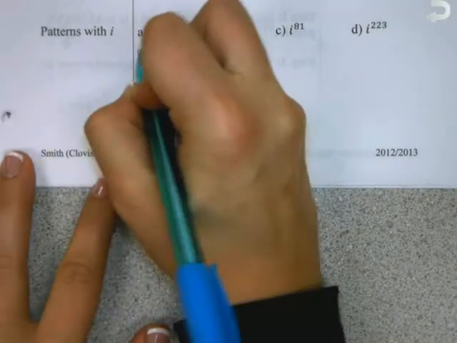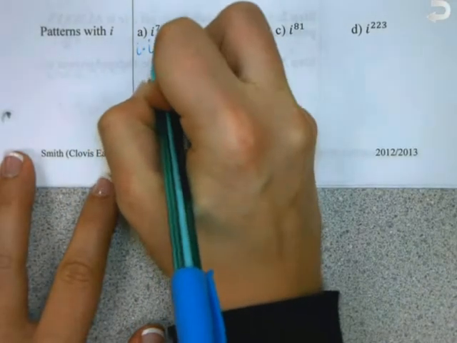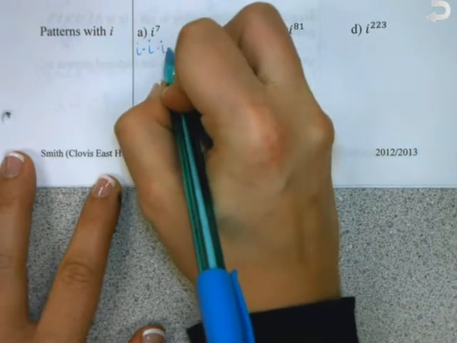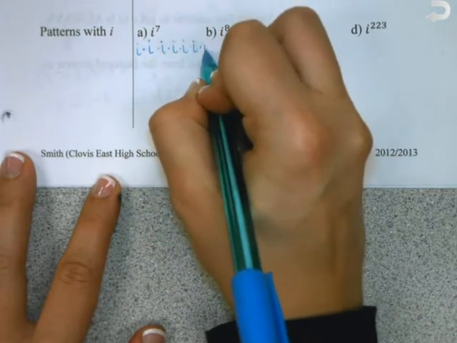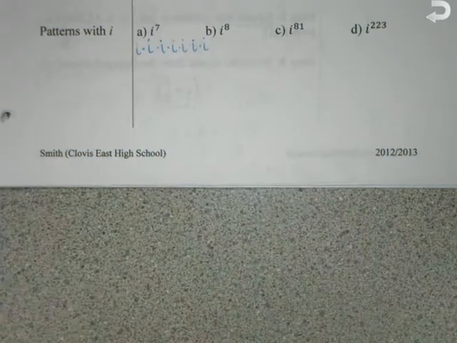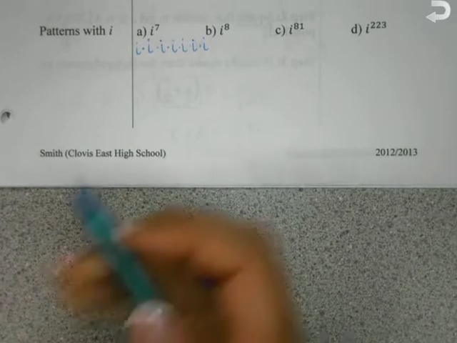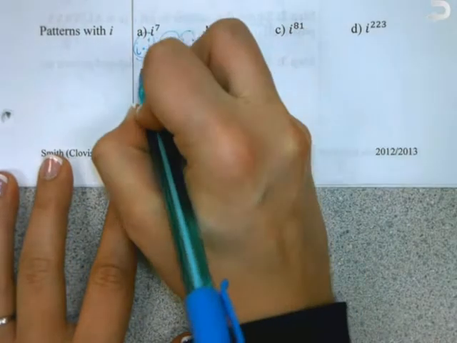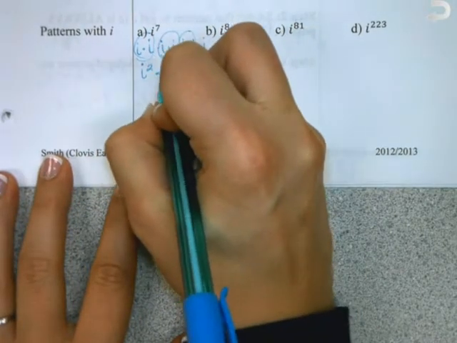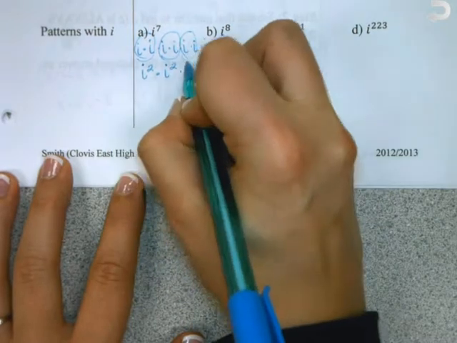Now we know what i squared is equal to. What's i squared equal to? Negative 1. So how many i squareds do you see here? I see 1, 2, 3. So this is the same as i squared times i squared times i squared and then times i, right? That gives me negative 1 times negative 1 times negative 1 times i.